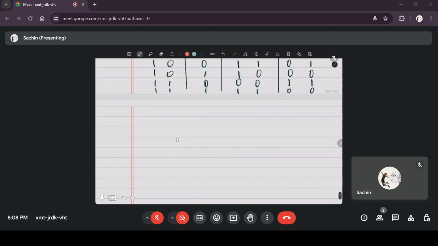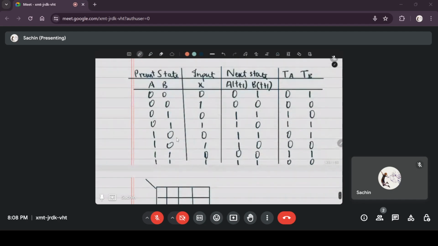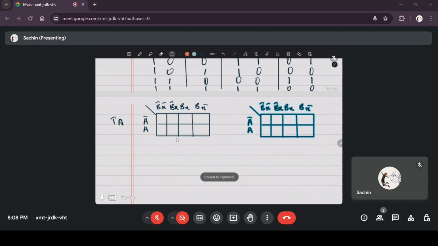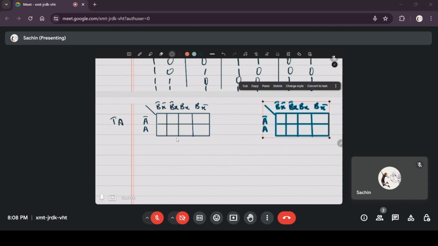From this you can write the K-map. With A, B and X for TA and for TB.